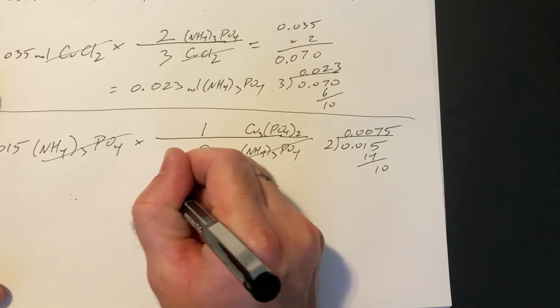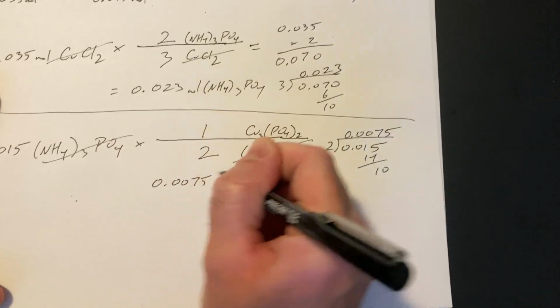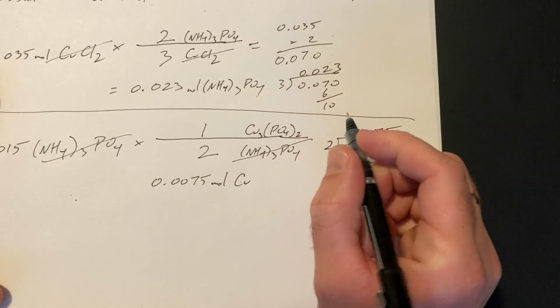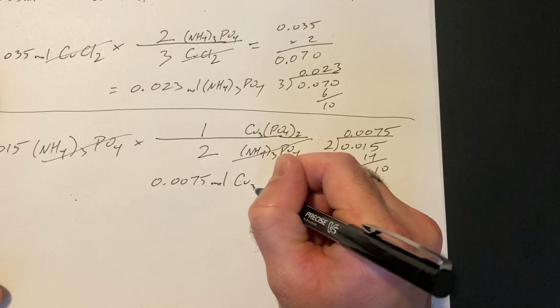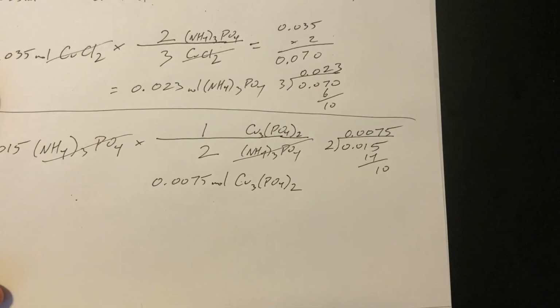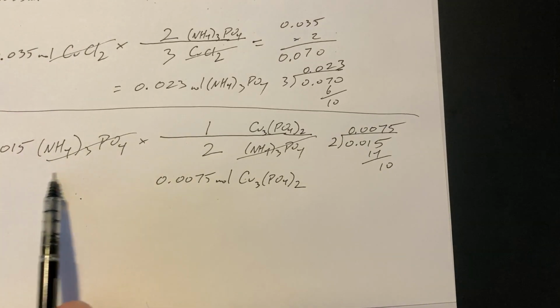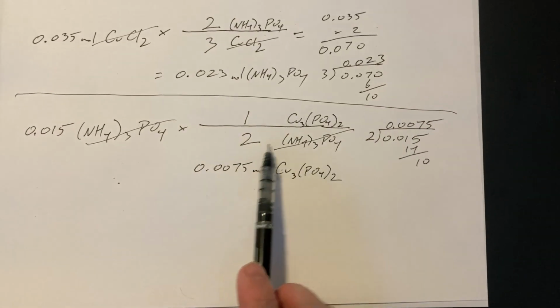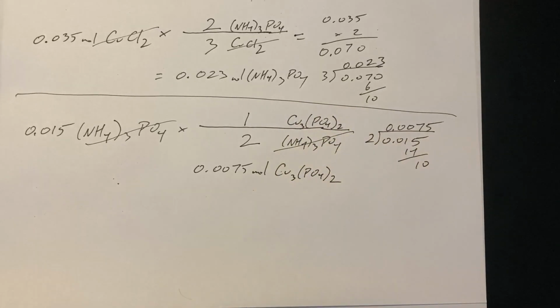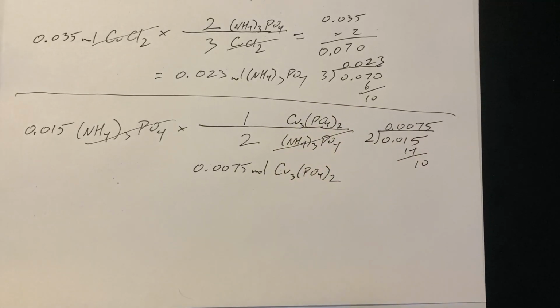If I was well prepared, I would have done this math beforehand. All right, so I will end up with 0.0075 moles of copper phosphate. And again, I take my limiting reactant and just multiply it by the ratio of the product that I'm looking for over that limiting reactant.